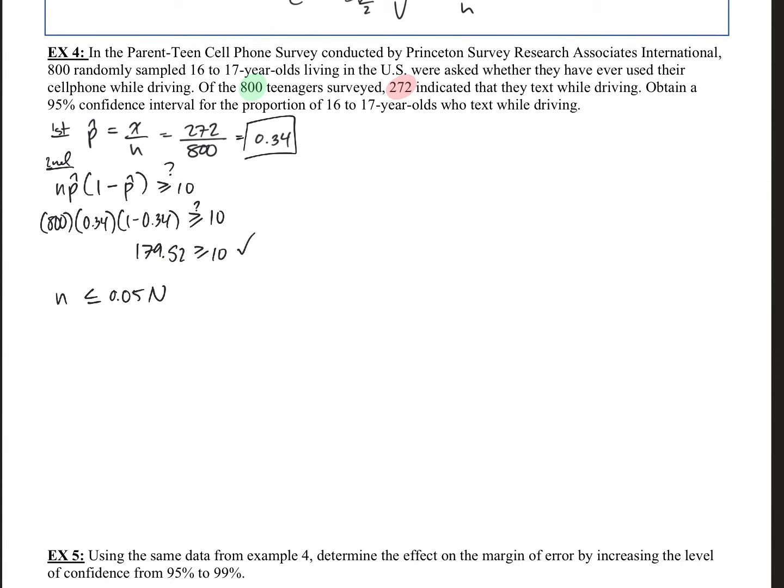So check, that's good. And now, for this one here, basically the population of the U.S. is going to be way larger than 800. So it's safe to say that 800 is less than 5% of the U.S. population of teenagers.